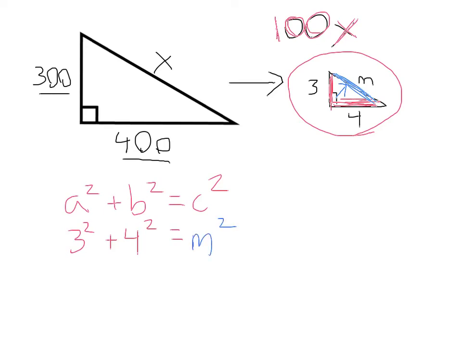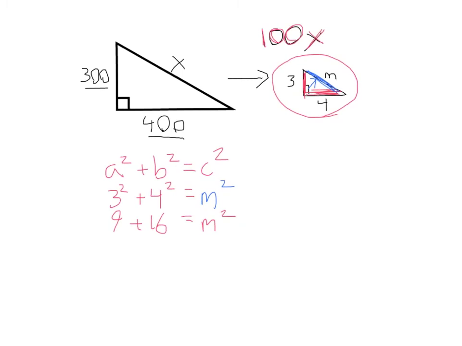And so what we get is 9 plus 16 equals m squared. In other words, we get 25 equals m squared. And when we take the square root of both sides, we get that m is equal to 5. Okay?